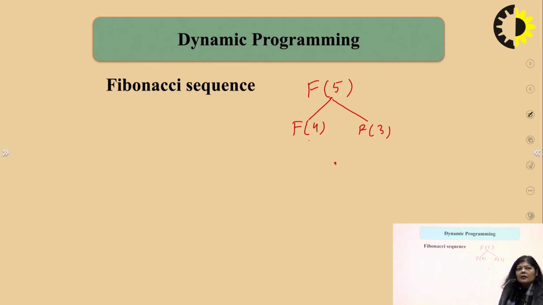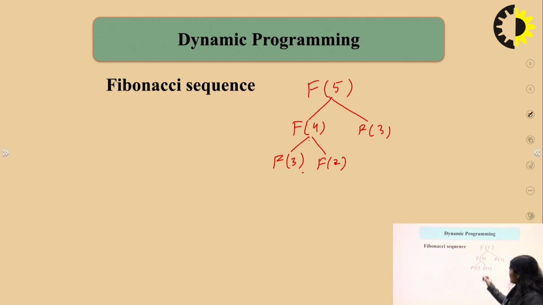Now if I need to find out the solution for F4, I need to look up its previous terms. So for F4, I need to find out F3 and I need to find out F2, right?